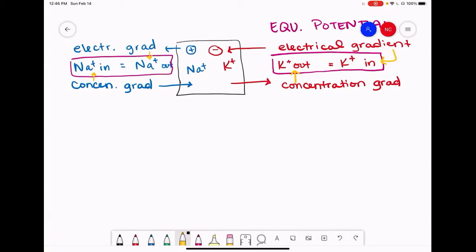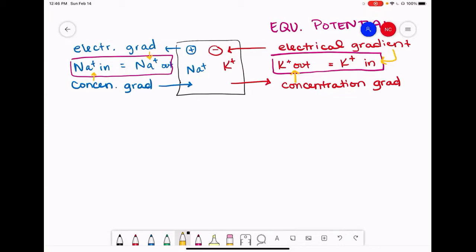Therefore, in this case, positive charges are going to repel each other, and the inside of the cell is going to kick sodium out to reach its equilibrium point again. So again, the movements of these ions are going to be contributing to each ion's respective equilibrium potential.